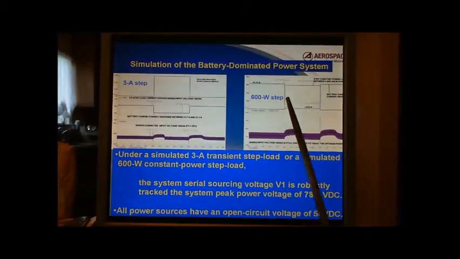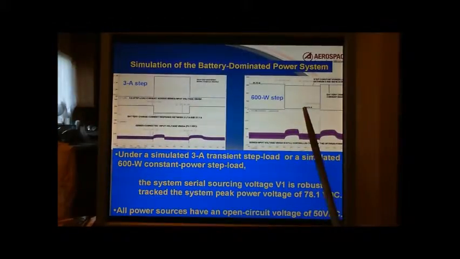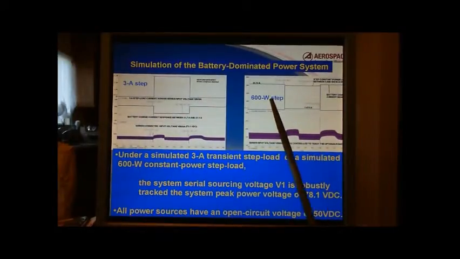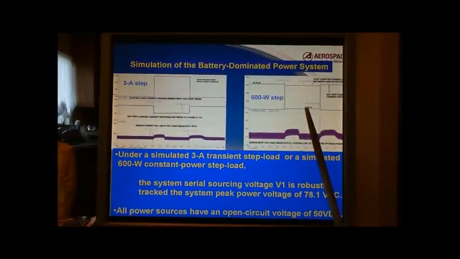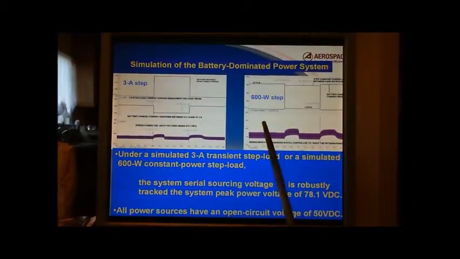When the total system load across the battery bus increased by 600 watts, the charging current of the battery had to reduce simply because most of the power had to go into the load instead of going to the battery. By all means, the total serial input voltage still remains 78 volts.